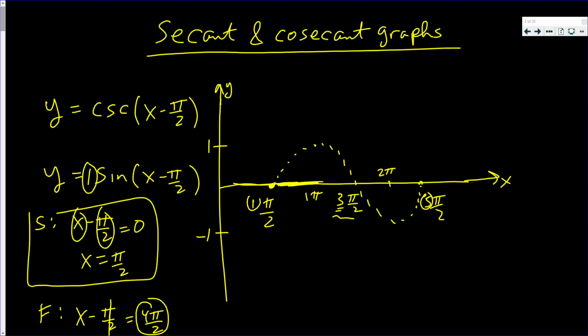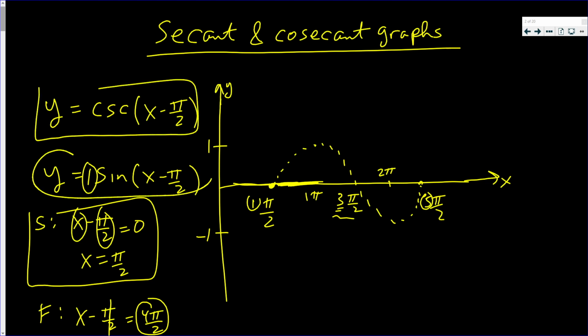Now, how do you go from this graph to the graph that we wanted? After all, we want to graph this, and I went and graphed that. Well, wherever the graph crosses the x-axis, draw a vertical asymptote. Step 1 is true for secant and cosecant graphs. First you draw the reciprocal.